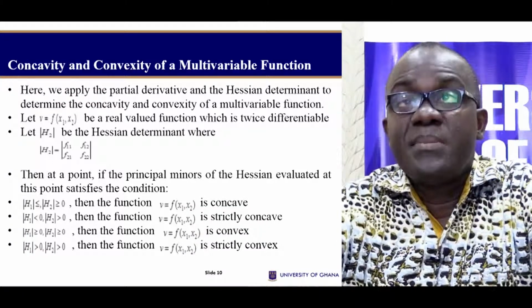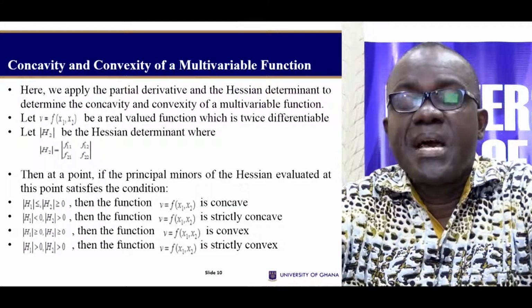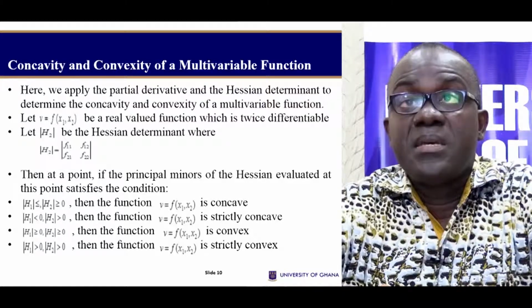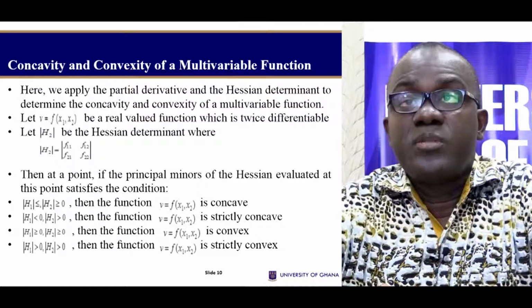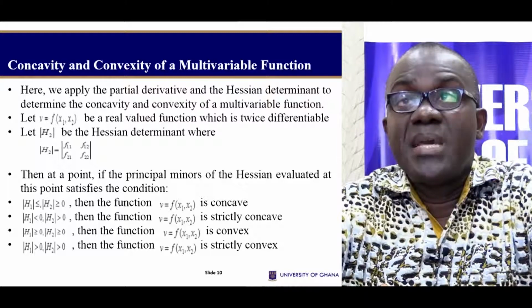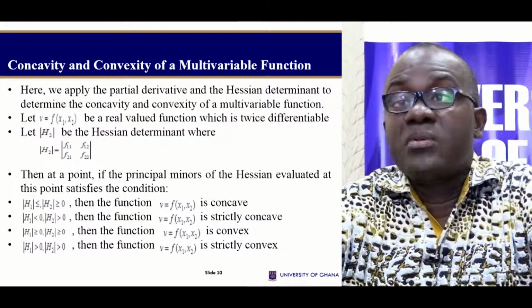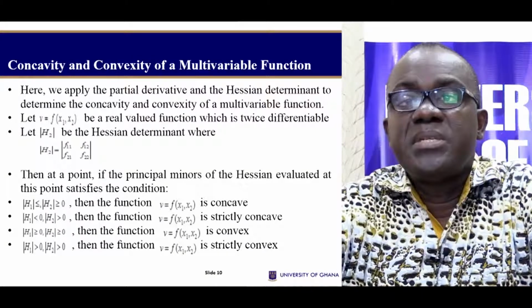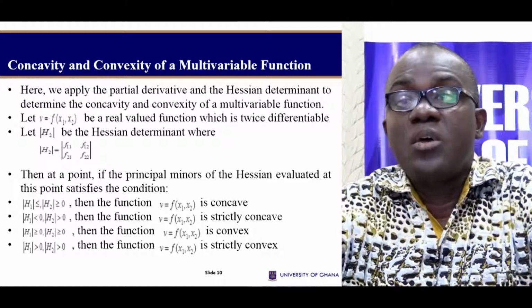Now, what this determinant is, we just have to take the second order differentials of the function with respect to the first variable, and then with respect to the second variable, here is where we have the cross partials. We put it in this determinant, and then we evaluate this determinant at the point where we are supposed to investigate the concavity or the convexity of that function. And these are the situations under which we will have a concave function or a convex function.